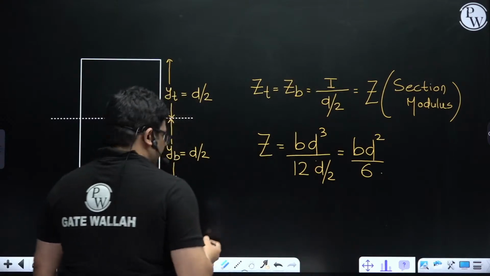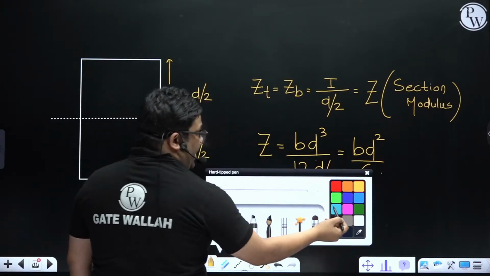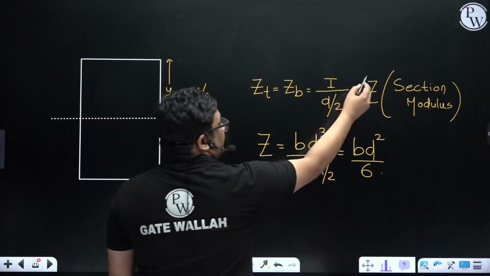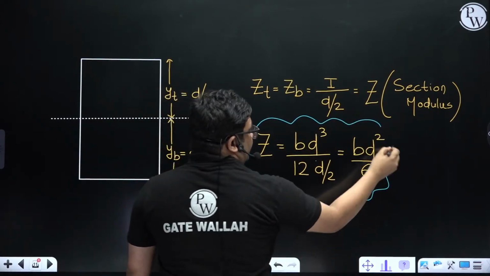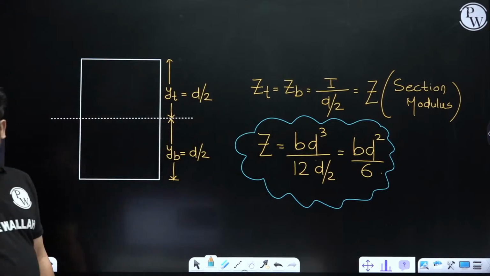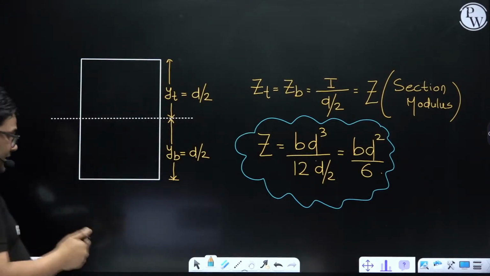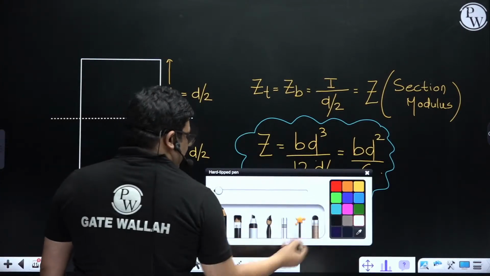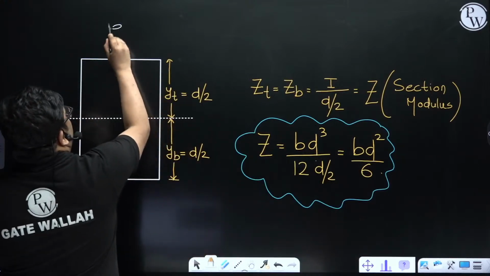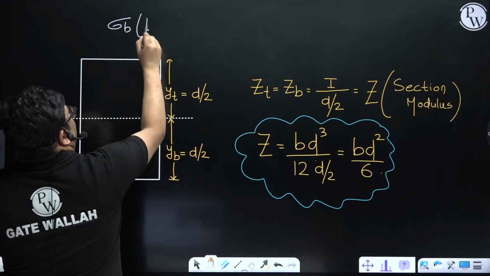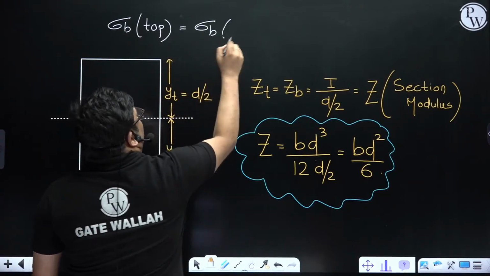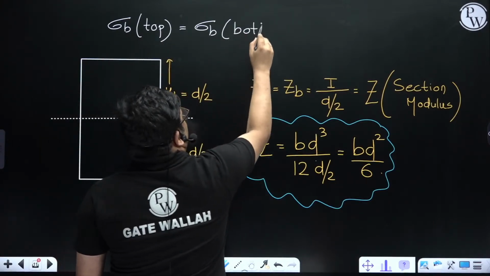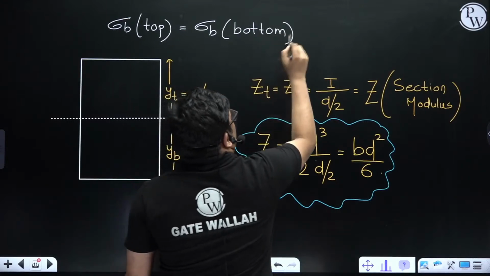Since Z top and Z bottom are the same, the extreme fiber stresses also will be the same. So in a rectangle, the bending stress at top and the bending stress at bottom, value wise they will be the same. And what will be the value?